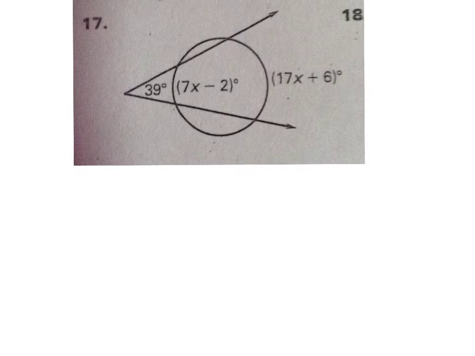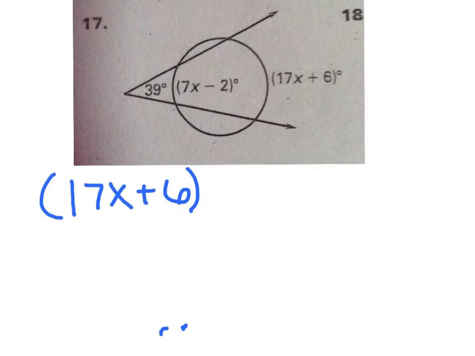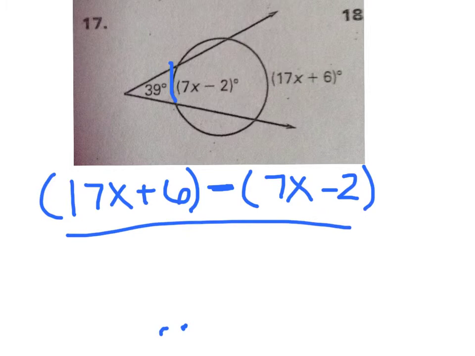Let's go ahead and do big arc, 17x plus 6, and I'm going to leave that in parentheses, and we're going to subtract the little arc right here, which is 7x minus 2, divided by 2 equals the angle. So we're just going to go ahead and plug everything in the formula like how it is.